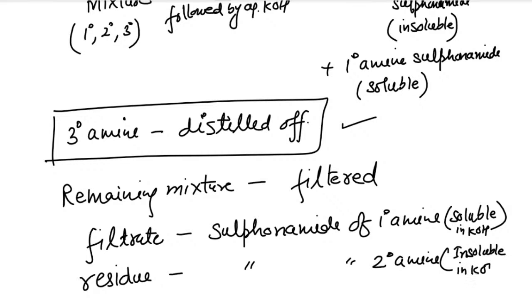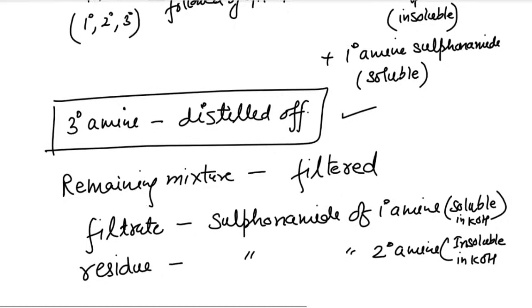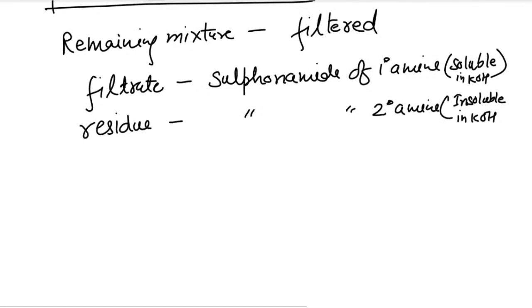So in this way we separate the sulfonamides. Now we have three parts. Tertiary amine is distilled off, that is separated.